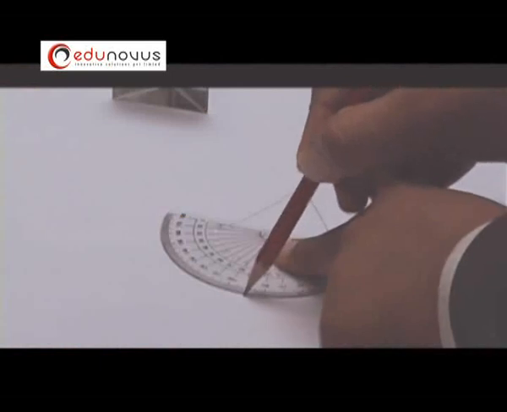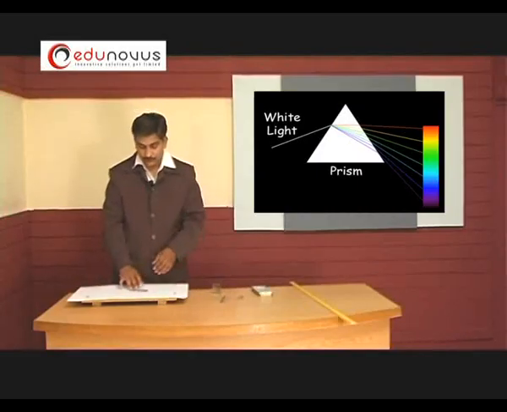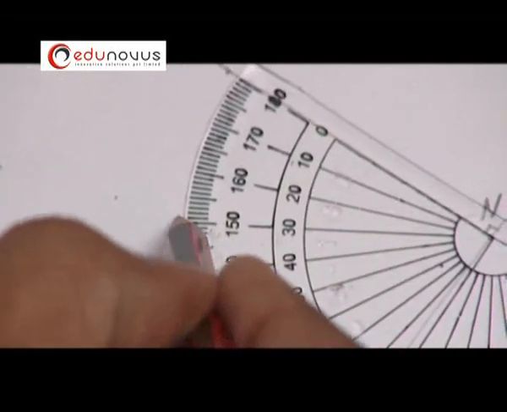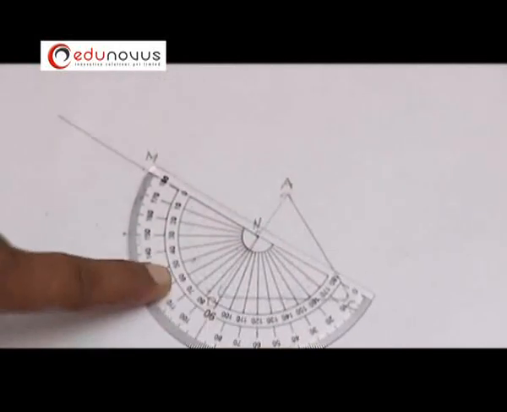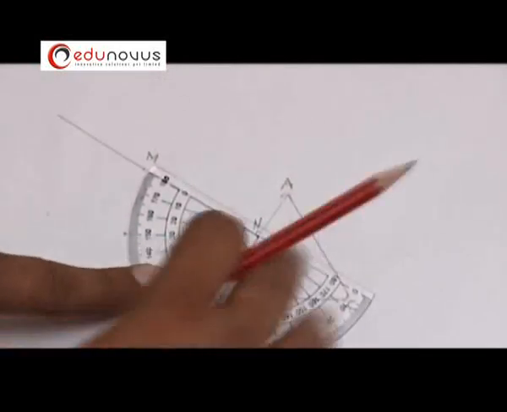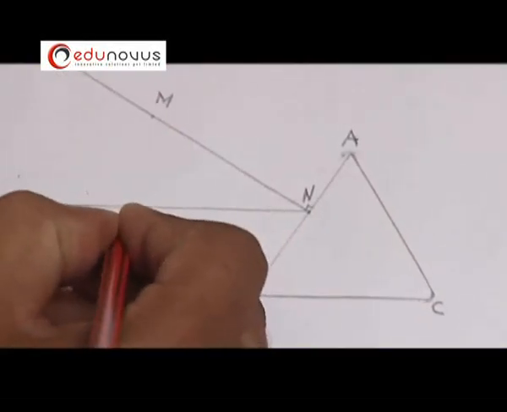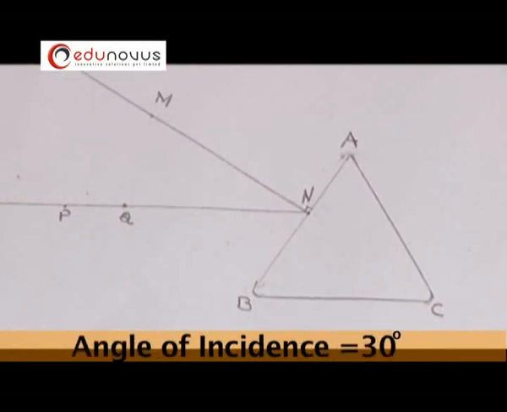Now, draw a 30-degree line from the normal with the help of the protractor. P and Q are 2 points on this line. PQ is the incident ray and angle of incidence is 30 degrees.